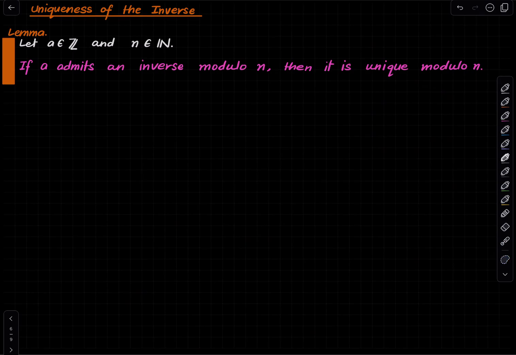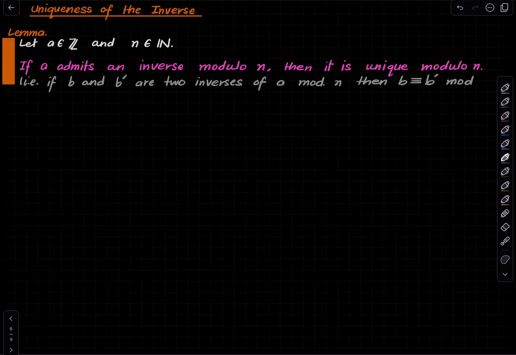That is, if B and B prime are inverses of A modulo n, then they are congruent. In the eyes of n, they are the same. So in that sense, they are unique. Okay? The proof is not difficult.